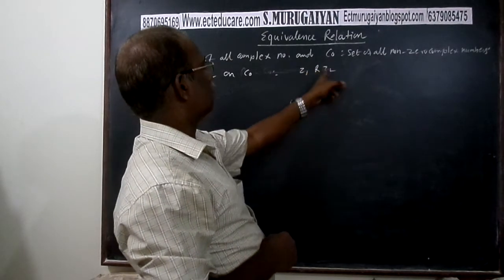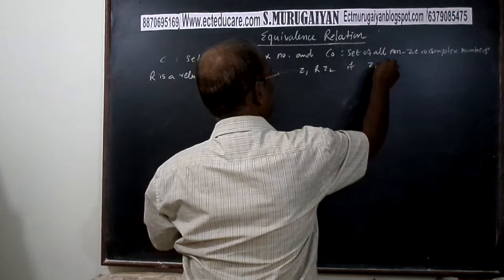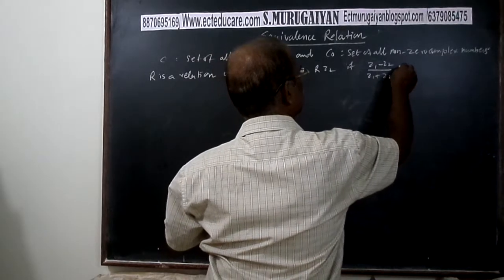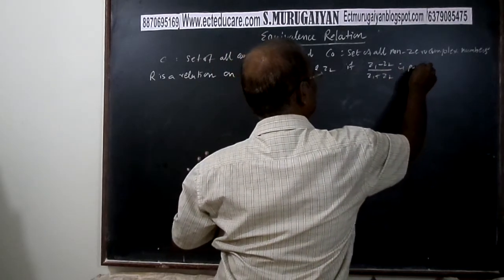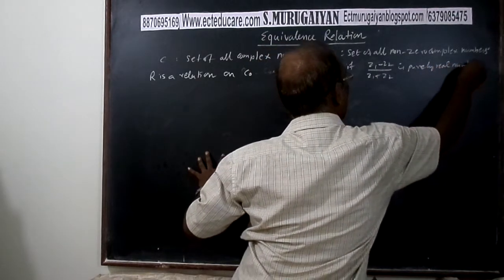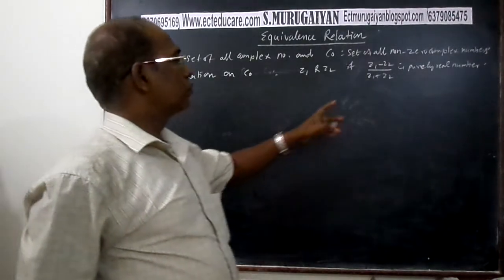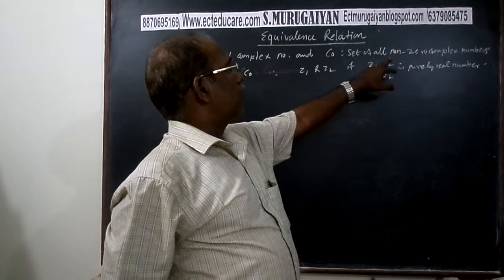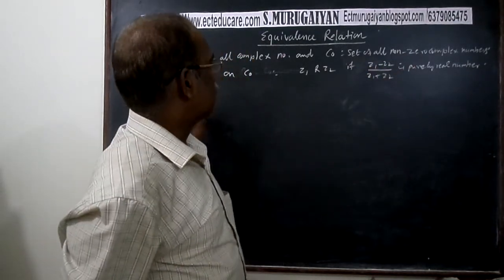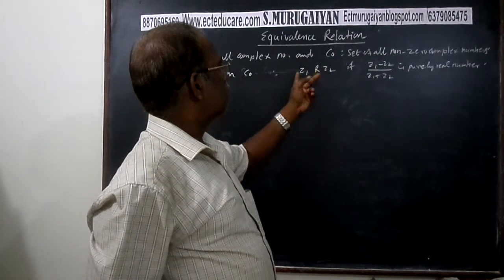There are two non-zero complex numbers, and if (Z1 minus Z2) by (Z1 plus Z2) is purely a real number, we can conclude the two complex numbers Z1, Z2 are in relation.